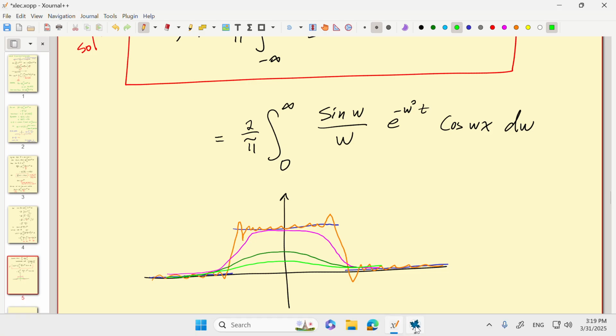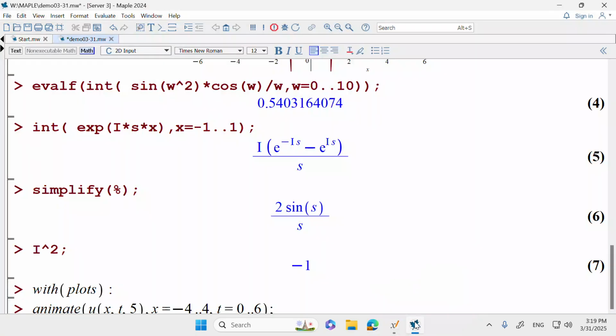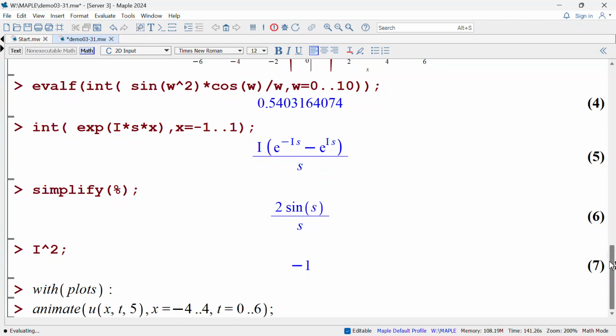Let's see if Maple got done. Did it? Oh, it's still thinking. I did push return. Yeah, I did, because it's still hourglass. Yeah, I knew this would happen.